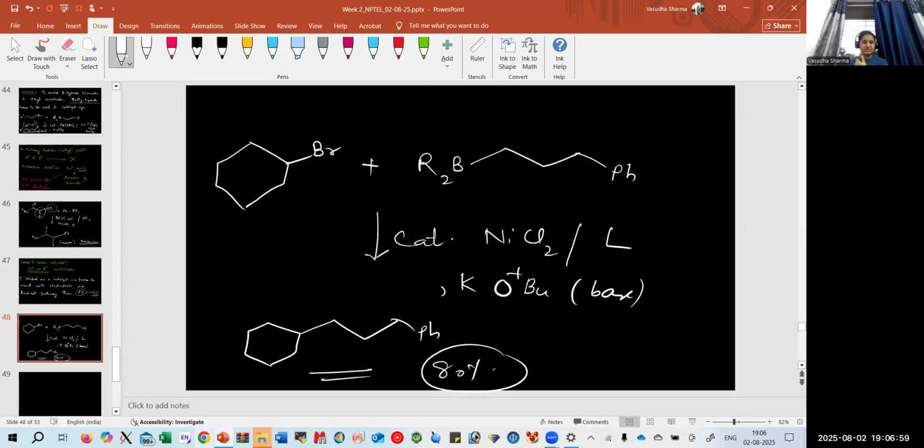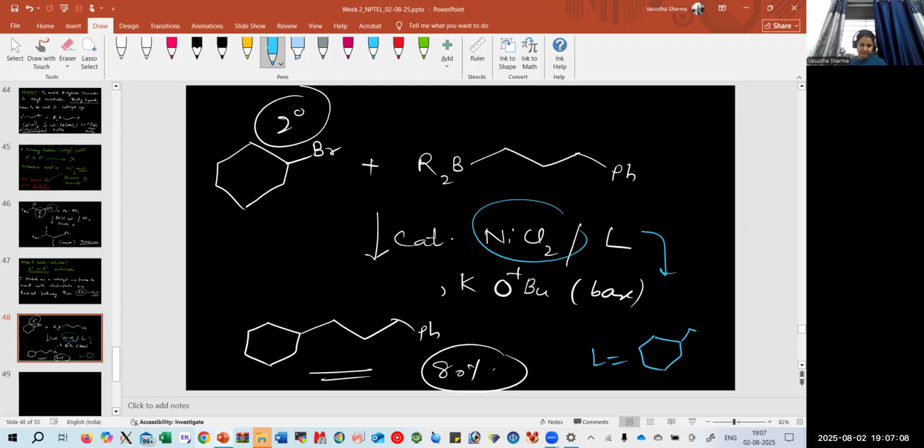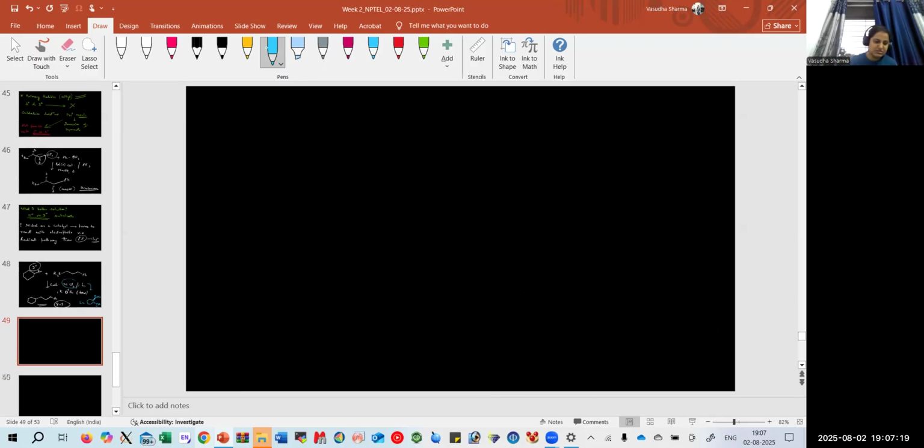So this formation is happening only when we are using a nickel catalyst. And here the ligand is a chiral ligand, NHMe, NHMe. So this is the solution for having your secondary and tertiary to be working in this reaction.